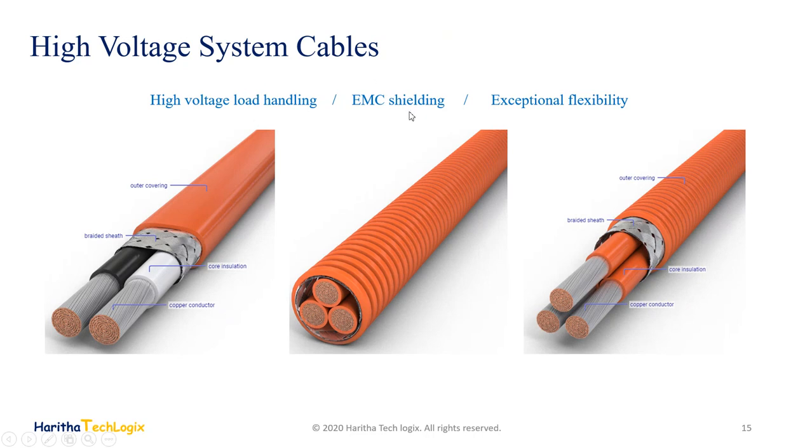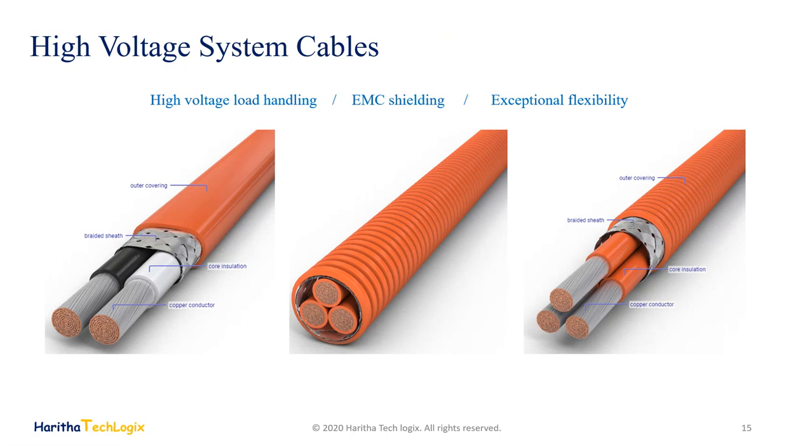At the same time, exceptional EMI/EMC, the electromagnetic interference and compatibility shielding quality, is required, and high flexibility, even when multiple layers of insulation are provided. All these are very important characteristics of a good high voltage electric vehicle cable.